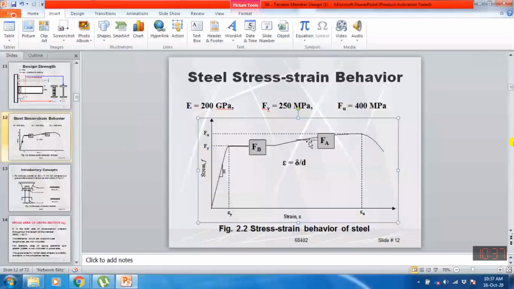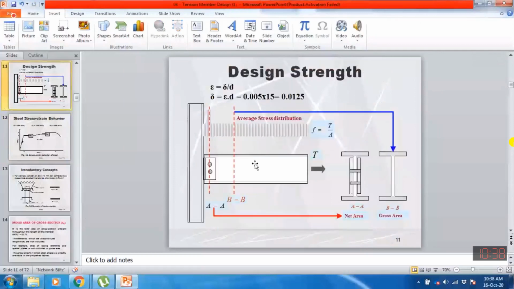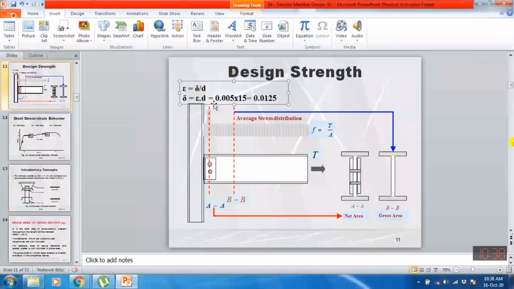Now, at this point, this is condition number one. Yielding has occurred at the gross area, where we haven't punched the hole. So in that case, if you want to compute the total strain, the total strain will be equal to change in length over total length.